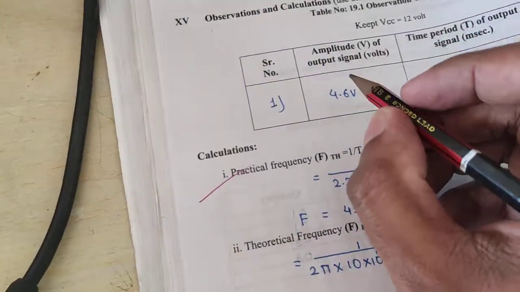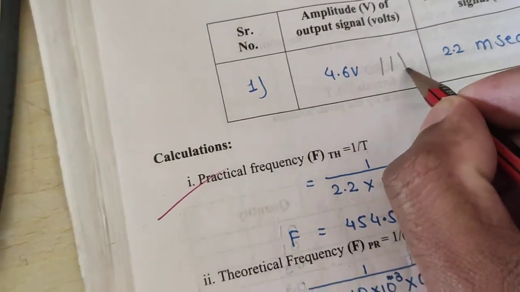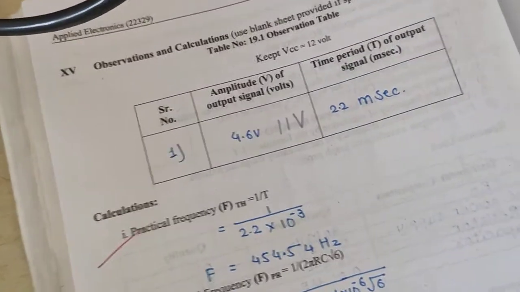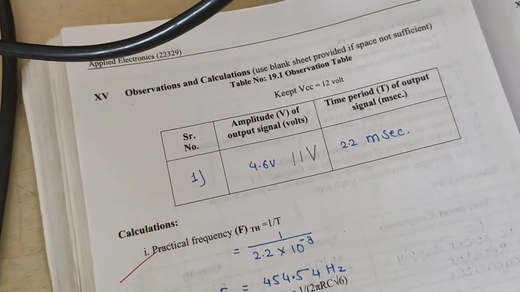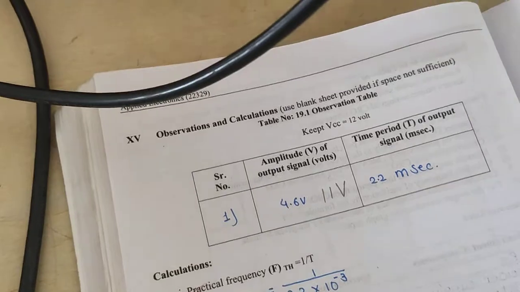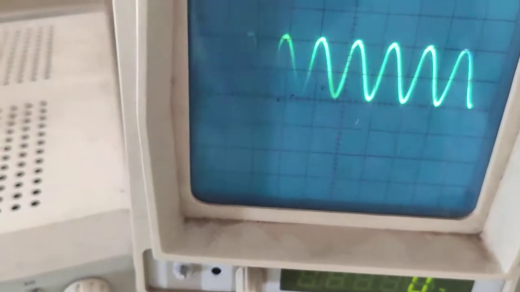So you can write here 11 volts. You are getting your output as 11 volts.